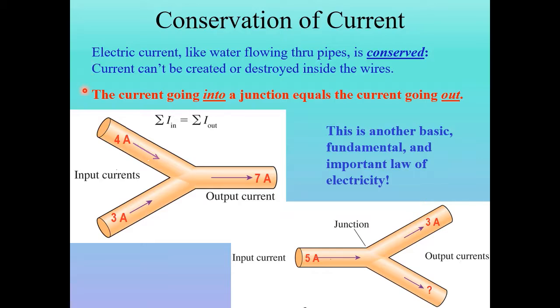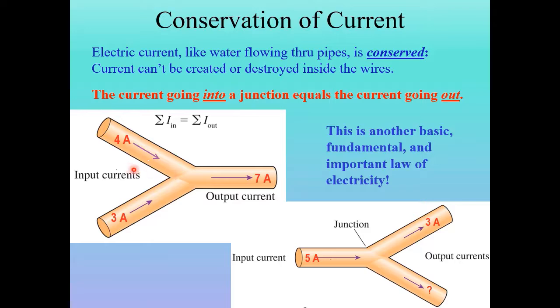So what this means is that the current going into a junction must equal the current coming out of the junction. So what do we mean by a junction? Well, a junction is when two wires like this are connected together. So the current flowing through this path meets up with the current flowing through this path, and they combine to be the total output current. So this is the junction right here.